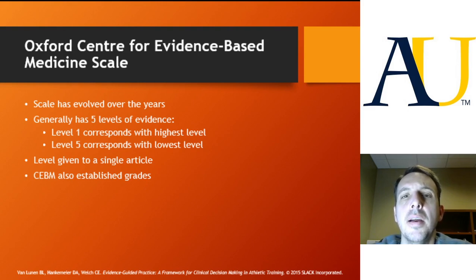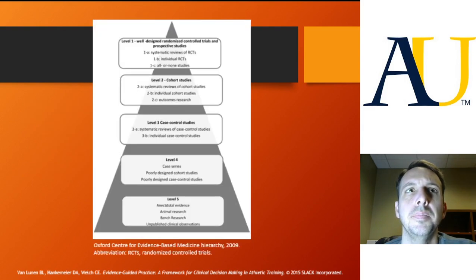This is by far the most common that we see in the sports medicine and athletic training literature with regards to levels of evidence, where level 1 now is going to correspond to the highest level of evidence, and level 5 with the lowest. So you can see here this pyramid, and we've seen a variation of this pyramid before originally out of the Robb book.